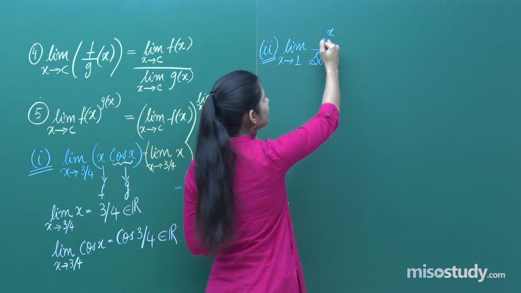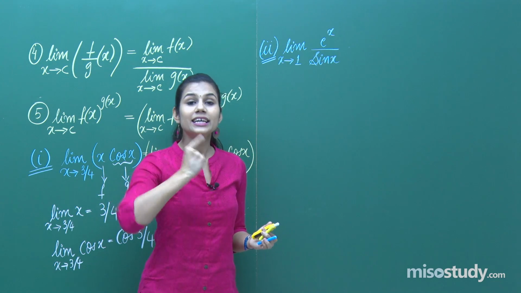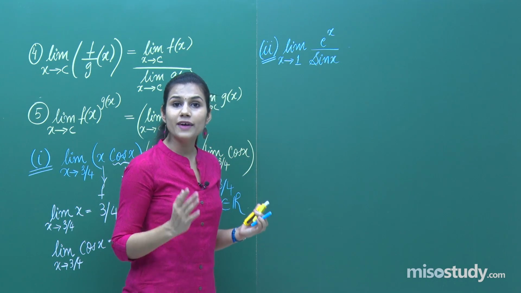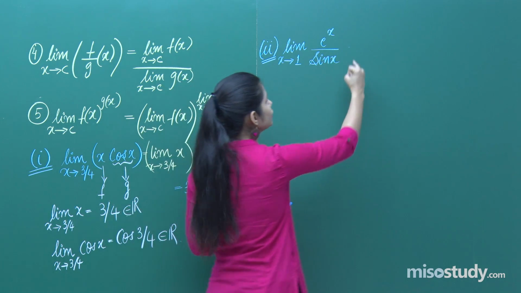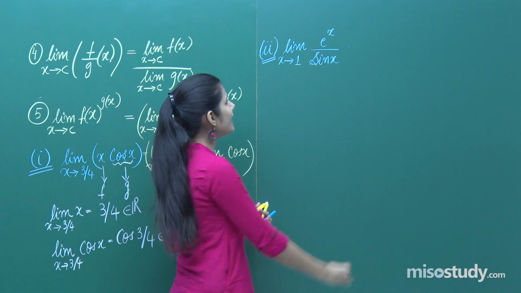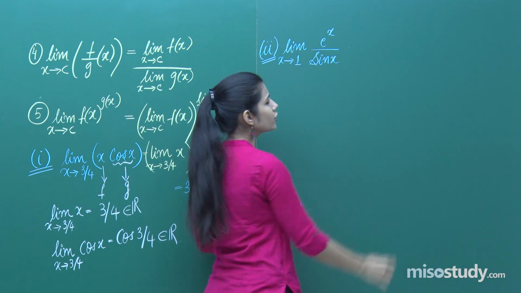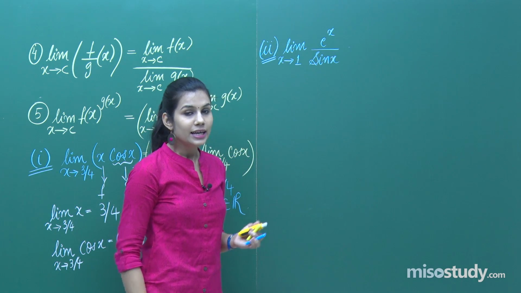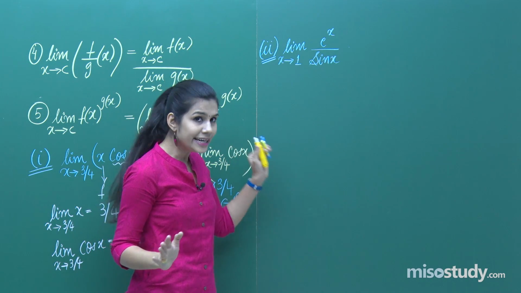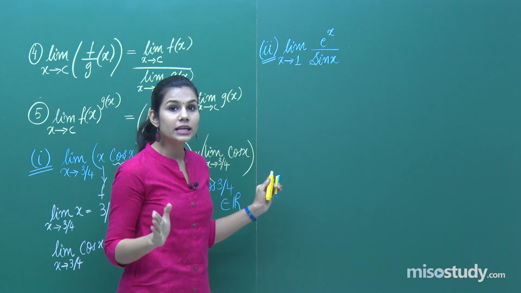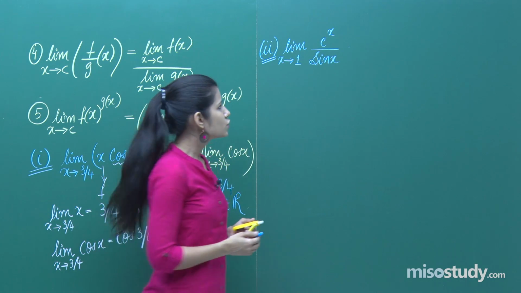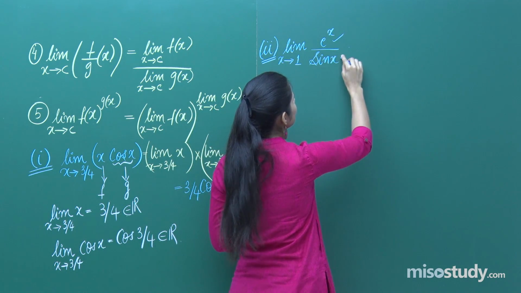Here, the quotient of these two functions has been taken to create a new function which is e to the power x upon sin x. I am asking you to evaluate the limiting behavior of such an algebraic combination of these two functions. By the properties that we have done till now under the algebra of limits, the hint is that you should be aware about the limiting behavior of the individual functions involved in the algebraic combination. So the individual functions, one is e to the power x, one is sin x.